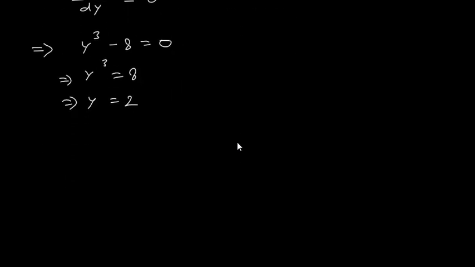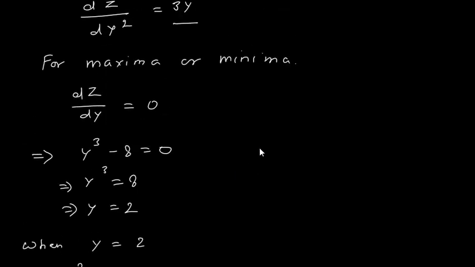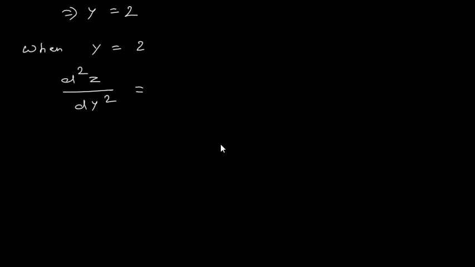Now when y is equal to 2, our second derivative, that is d square z upon dy square, which is equal to 3y square, will become 3 into 2 square. This will become 3 into 2 to the 4.